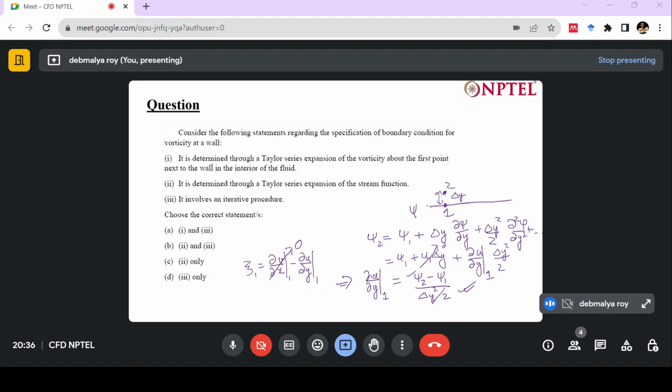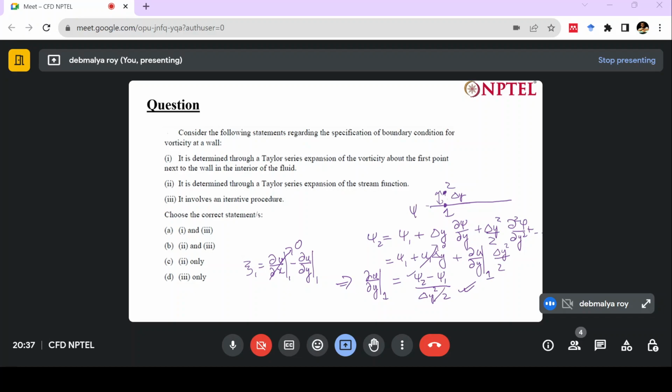So let's see which of these statements are true. It is determined through a Taylor series expansion of the vorticity about the first point next to the wall in the interior of the fluid. So Taylor series expansion of vorticity is not really the thing here.